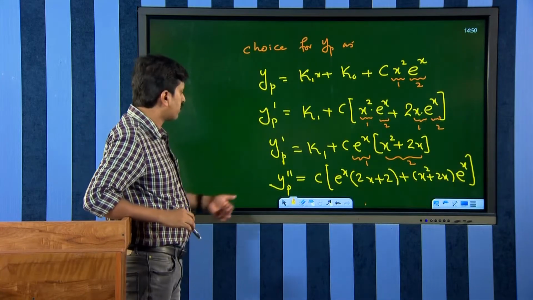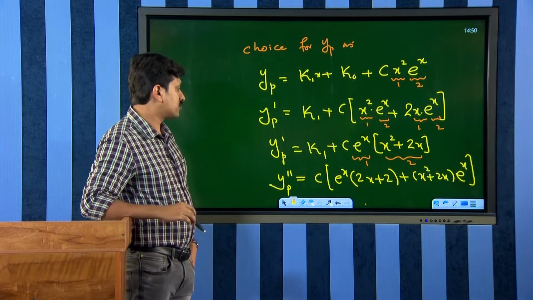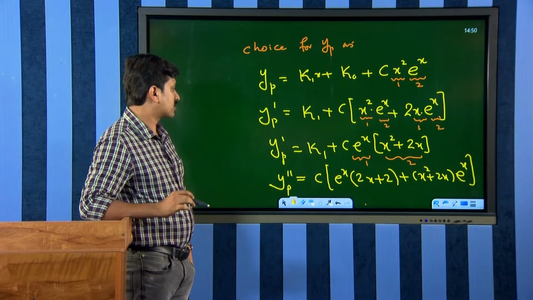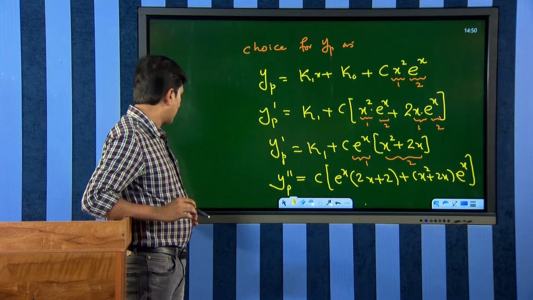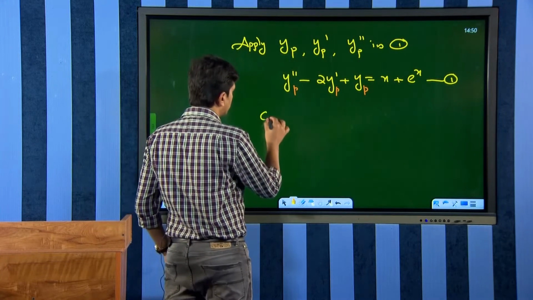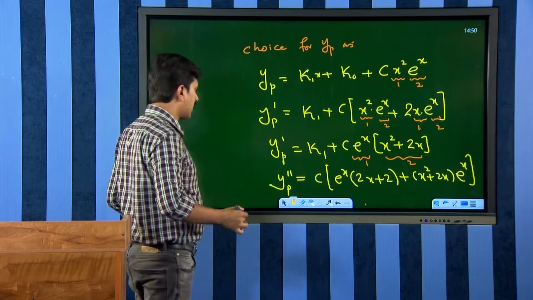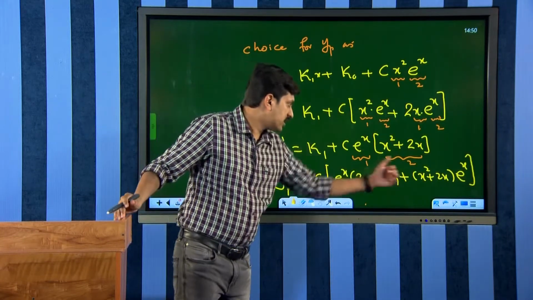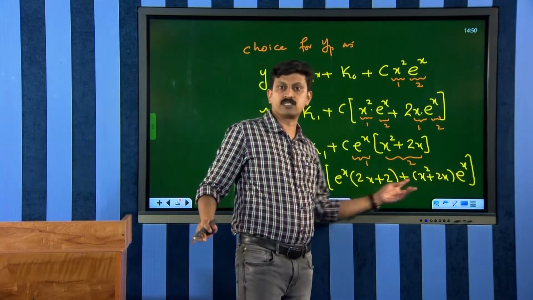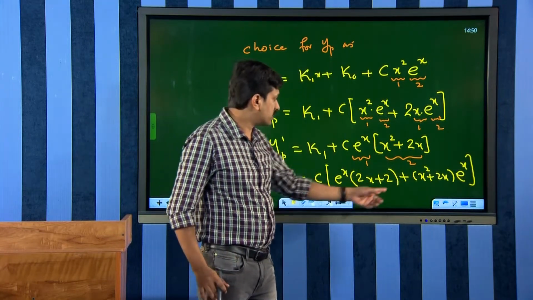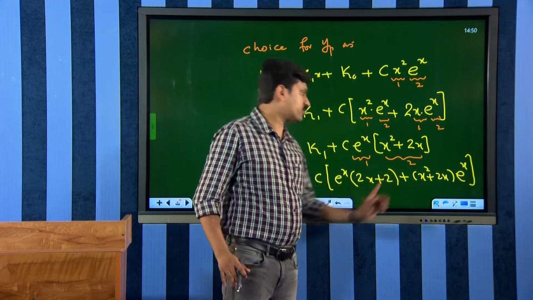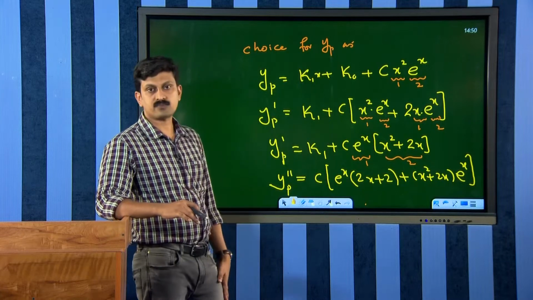We already found yp double dash as c into e raised to x. So yp double dash is equal to c into e raised to x into, and again inside we have e raised to x. We take e raised to x outside, and we have x square plus 2x plus 2x, that is x square plus 4x plus 2.